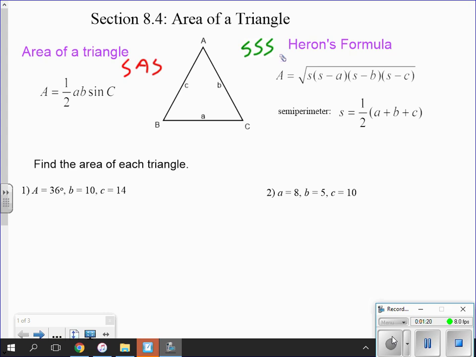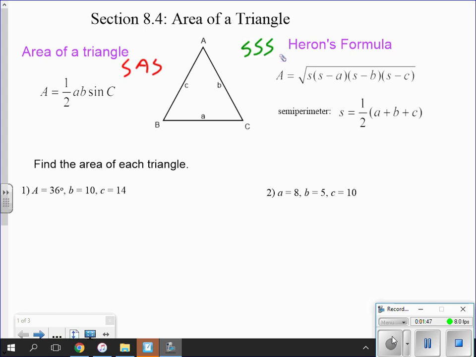The area is the square root of S times S minus A times S minus B times S minus C, where S is the semi-perimeter. Okay, and this semi-perimeter is 1/2 of the perimeter. Add the three sides, half of that. That's what the semi-perimeter is.